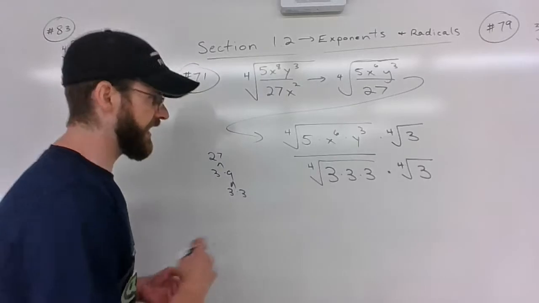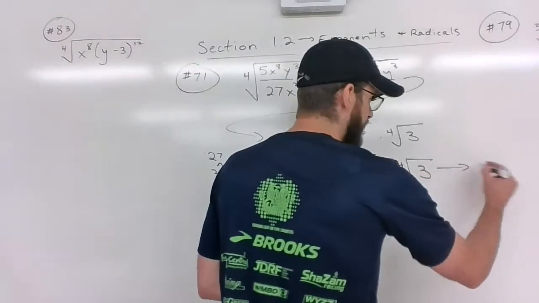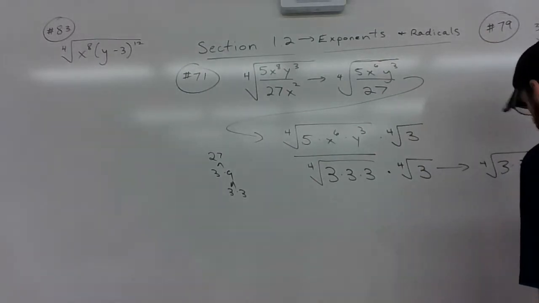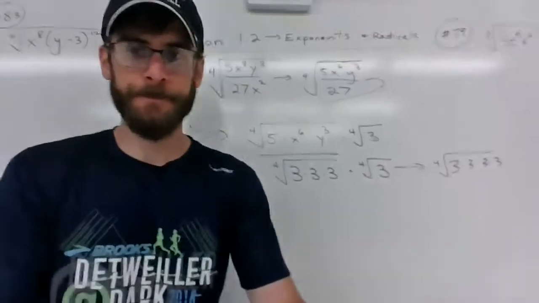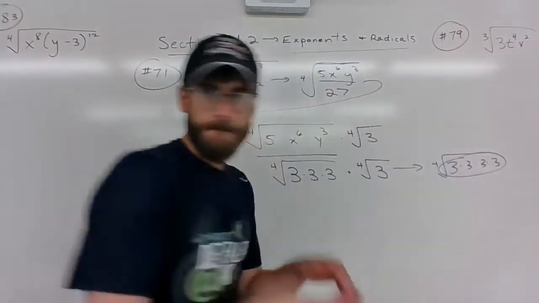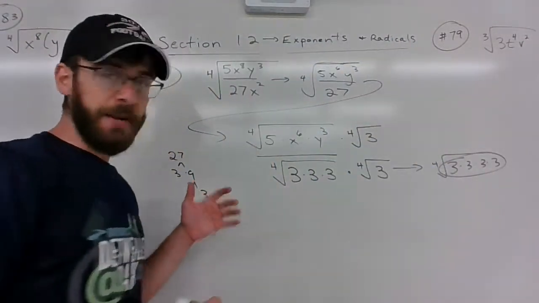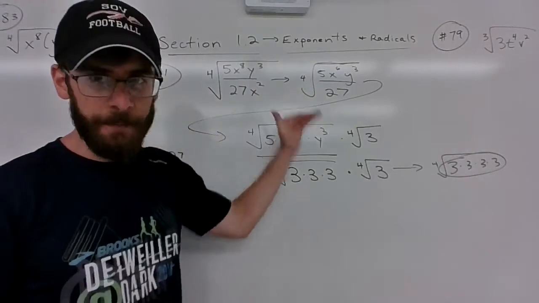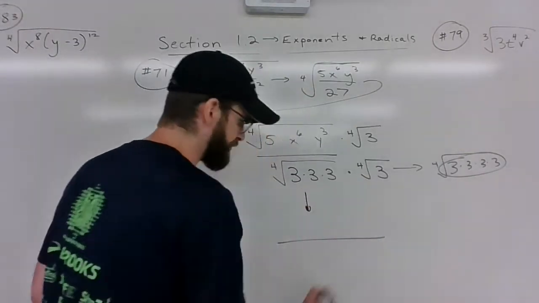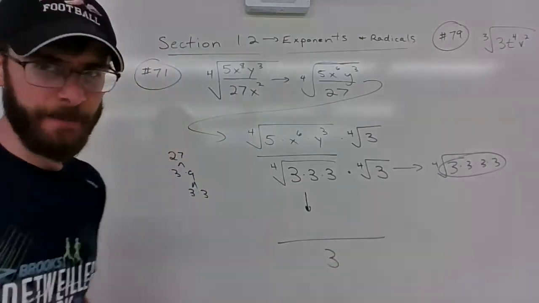So it's the same as the 4th root of 4 3's multiplied together, which makes it 3. So the bottom is now 3 if I multiply the top and bottom by the 4th root of 3. So the bottom of this fraction is as simple as they come.